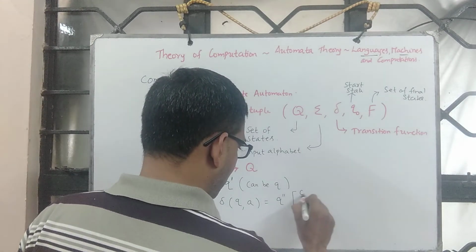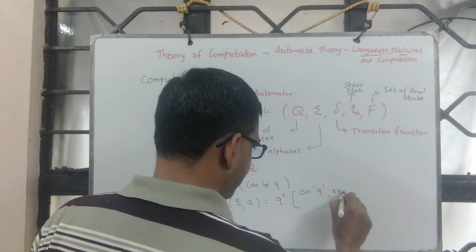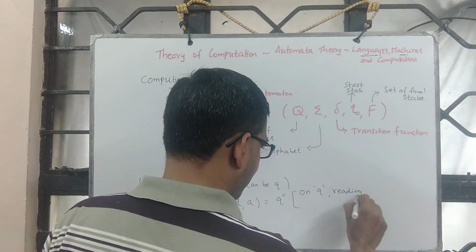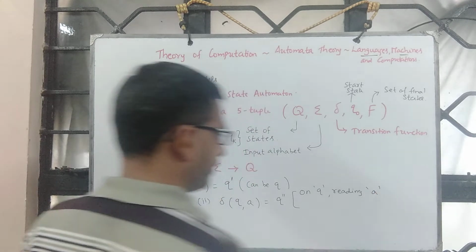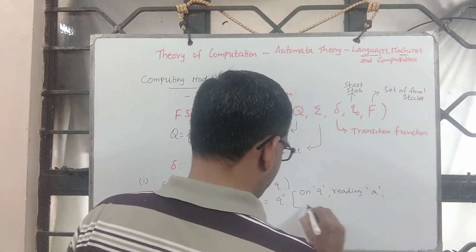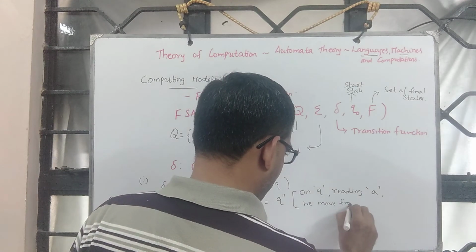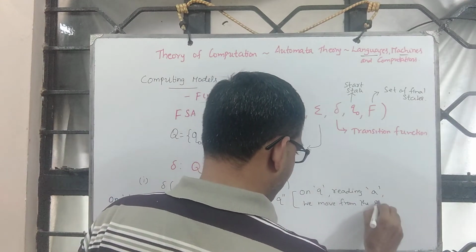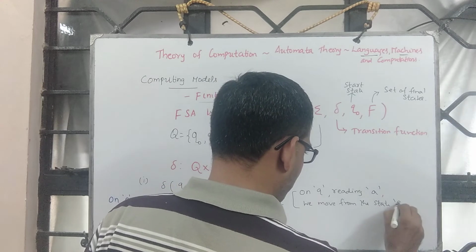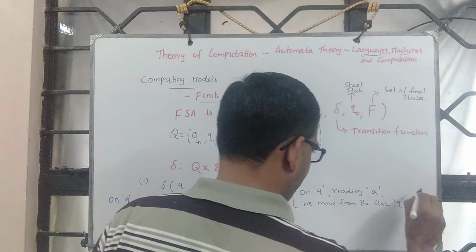On reading A, the input symbol, we move from the state Q to Q double prime.